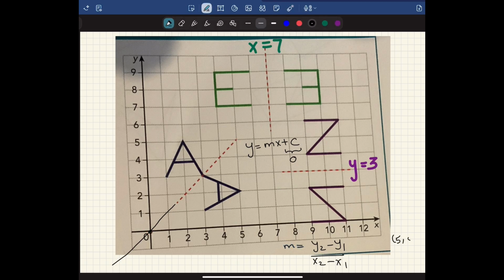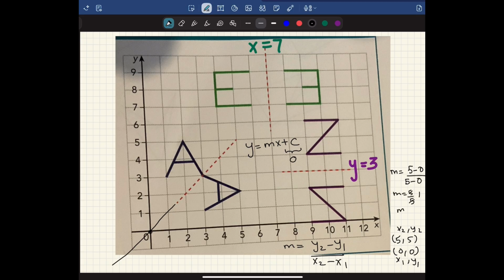Okay, so 5, 5 and 0, 0. Let's assume this is x1 and y1 and this is x2 and y2. So the gradient m is going to be y2, which is 5, minus y1, which is 0, over x2, which is 5, minus x1, which is 0. So m becomes 5 over 5.